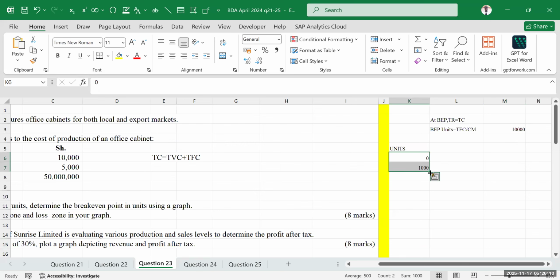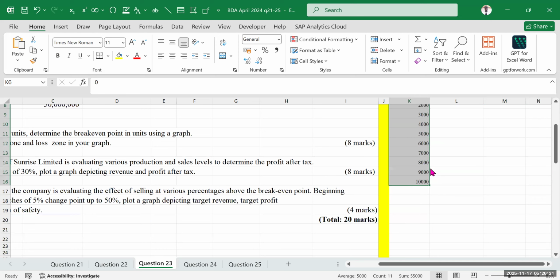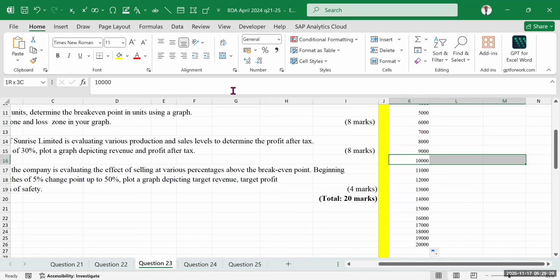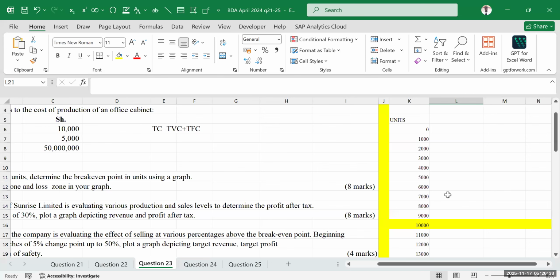So we can start that and go all the way. If we reach here, this is the break-even point, the 10,000 mark. From here, we could go an extra, let's go even to 20,000, so that we know that our break-even point will lie there. But we are giving allowances before and after. The graph has to be normal.